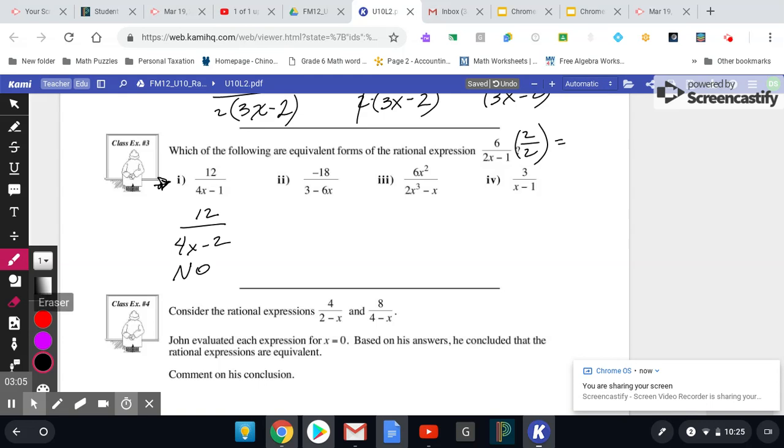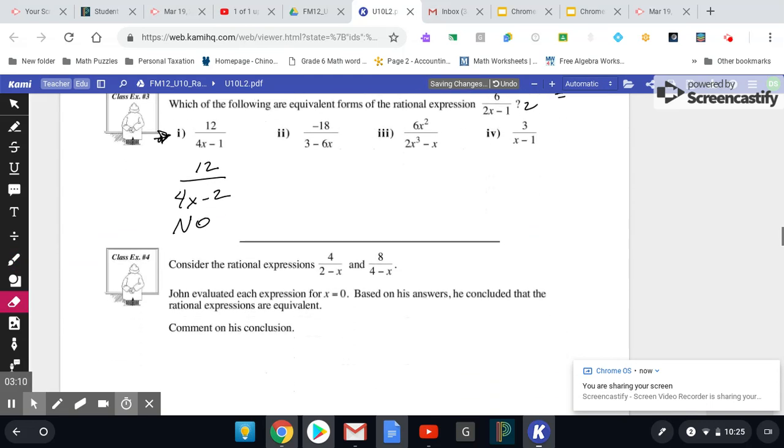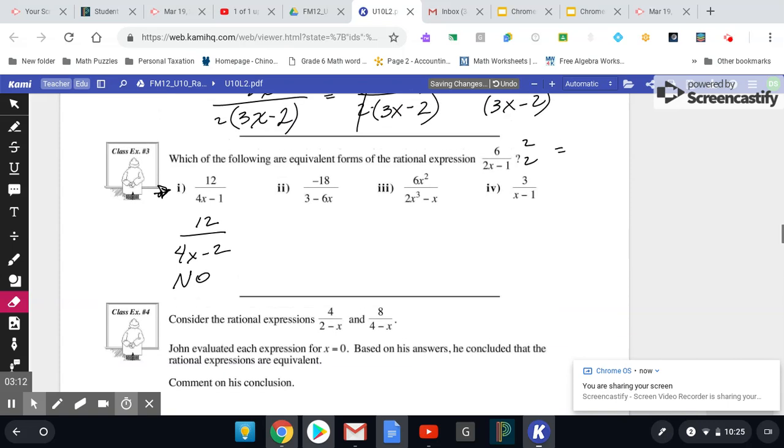All right. Oh my word, this is a disaster. Okay, if I was going to try to make that into this expression, negative 18 over 3 minus 6x, how could I turn the 6 into a negative 18?